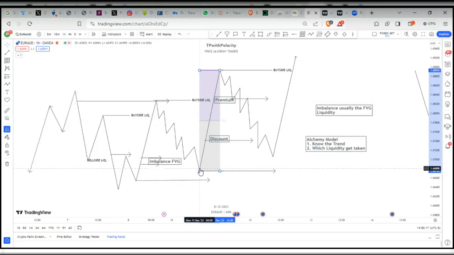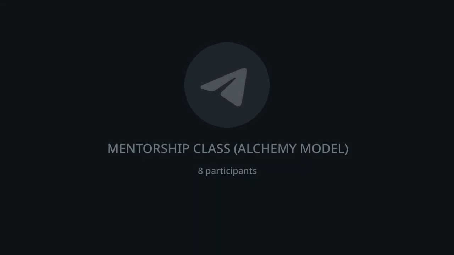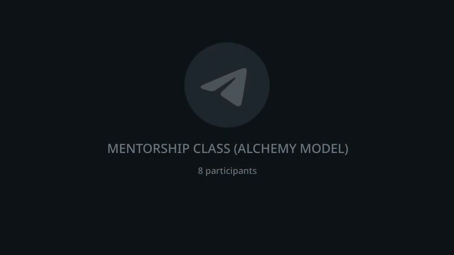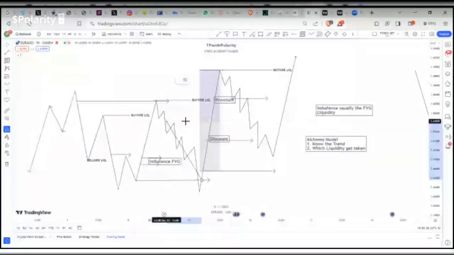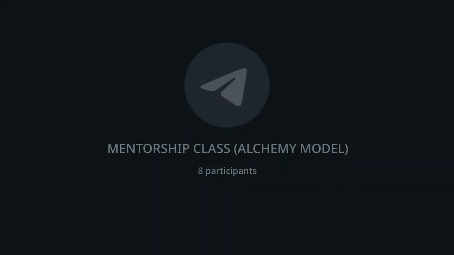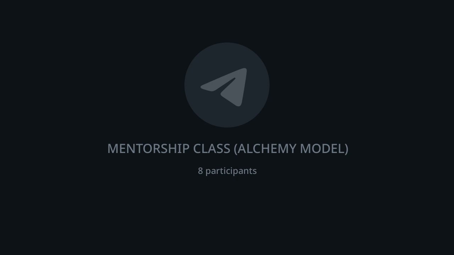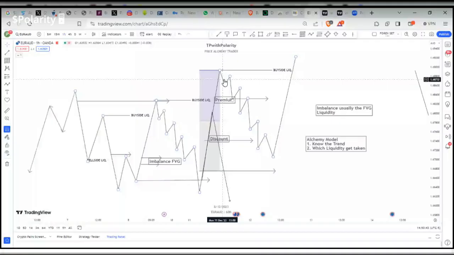In most cases, it means your bias is wrong. Once your liquidity gets taken out, you expect the market to trade right into the imbalance around here for dumping. It's so simple. So you don't want to be looking for markets going up again. It means your bias has changed.